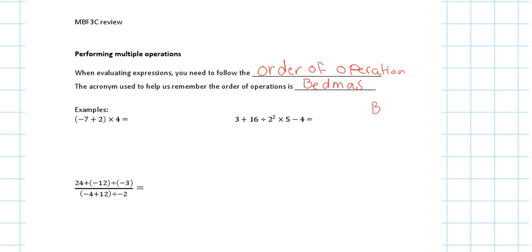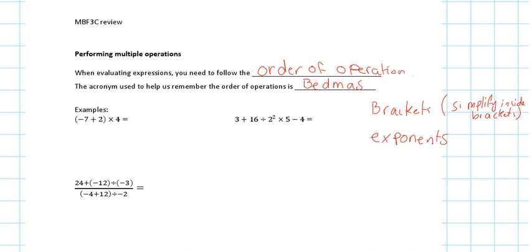So first you're going to simplify inside the bracket, followed by the exponents. Whenever you have an exponent, you're going to do that.